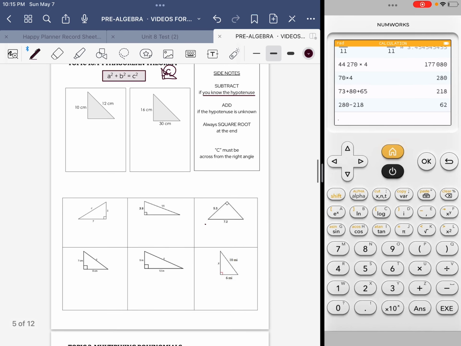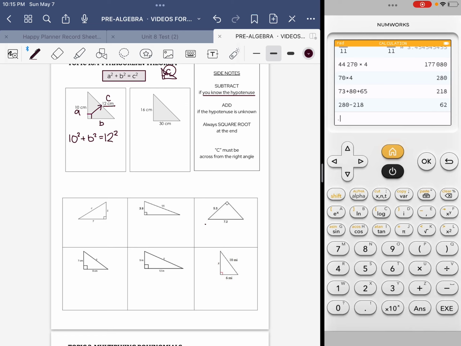So since this is a 12 squared right here, I am going to plug that in for C because that's across from my right angle. Then this will be A, and this side that I don't even know will be B. So A is going to be 10 squared plus B squared equals C squared, which is 12 squared.